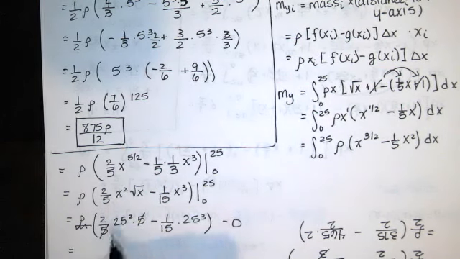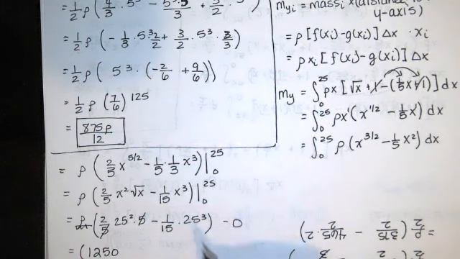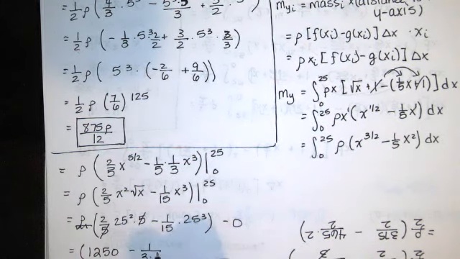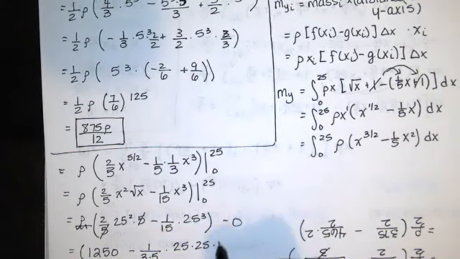And we end up with 25 times 25, which is 625. And you take 625 and you double it. So that's going to be 1250. And then over here, we're going to have a -1/15. That's 1/3 times 5. And then 25 cubed is 25 times 25. And then the third 25, I can factor as a 5 times 5. That way one of those will reduce.